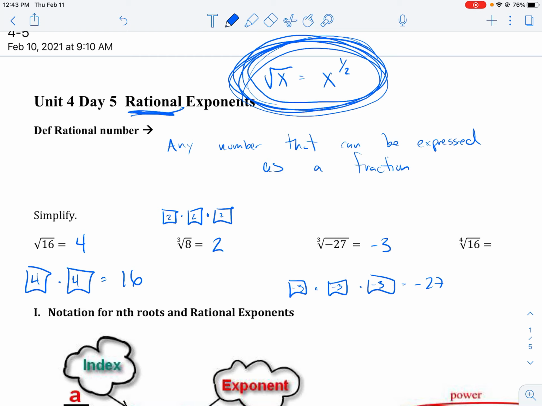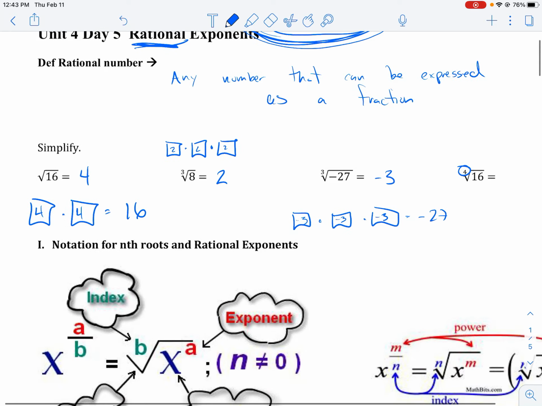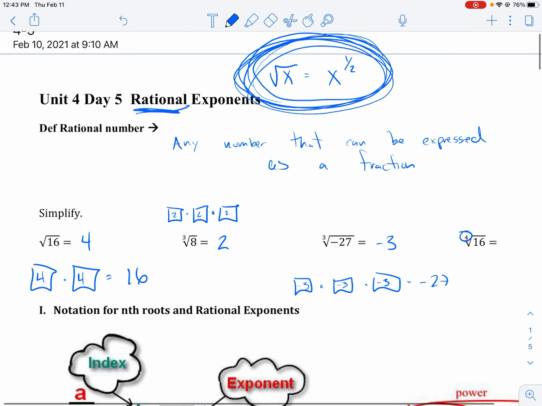We'll get to that, but generally speaking, the only time you get imaginary numbers has to do with your index, this number right here. In this case, your index is 2, even though we don't see it there, it's assumed.